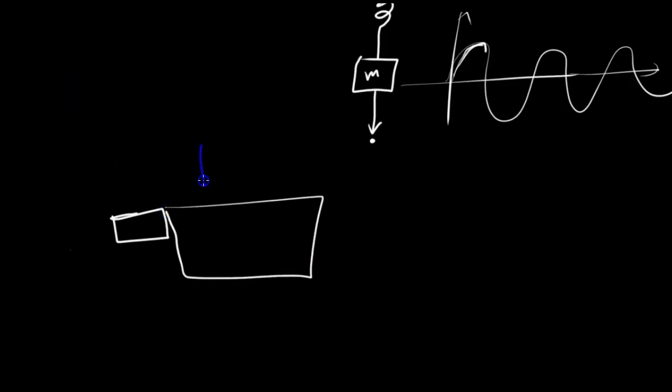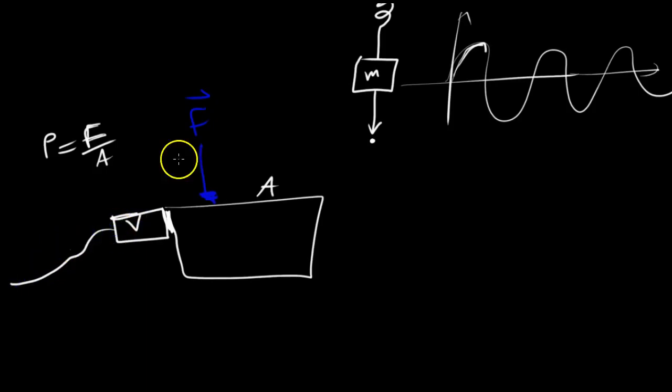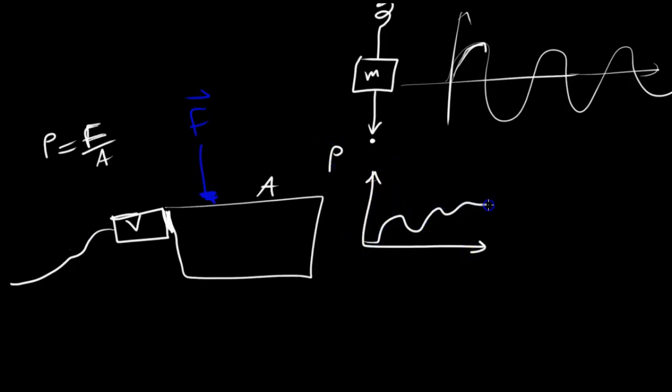You're exerting a force on it, which in turn, if that's the area, the pressure is force divided by area. So this electrical device is going to be measuring that somehow and turning that into an electrical quantity, voltage, and outputting that. So let's think about this though. Let's draw the same graph. This is theoretically what the pressure would look like.